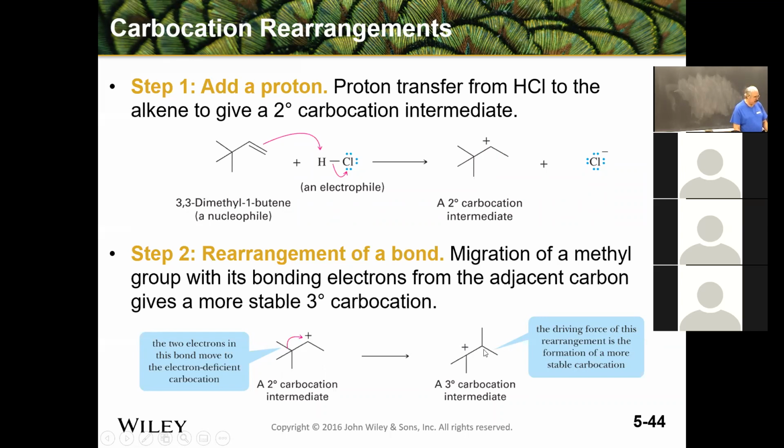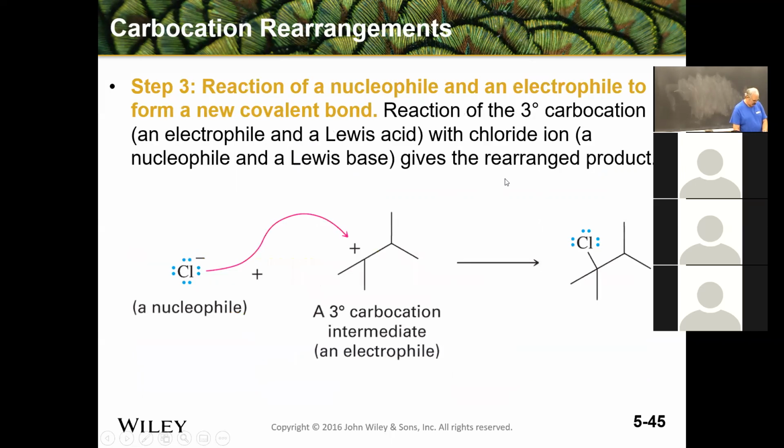The driving force for this is going from a secondary to a more stable tertiary carbocation. Once we get this, chloride adds to give the major product. Some of the chloride will add to give this minor product from this intermediate. This shows the chloride forming a new covalent bond with the tertiary carbocation.